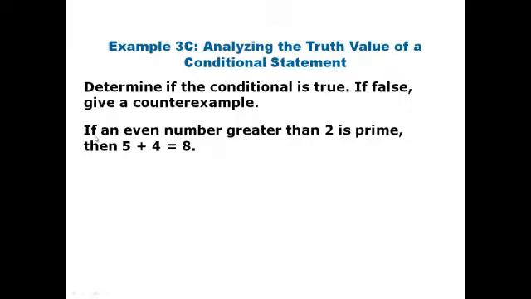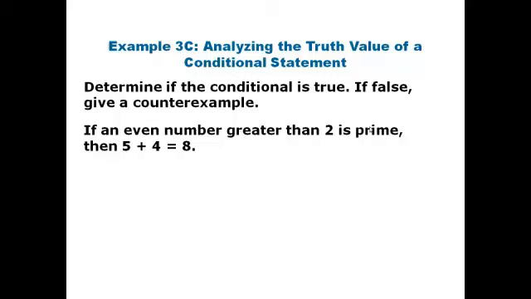Okay, here we have, if an even number greater than 2 is prime, then 5 plus 4 equals 8. Guess what? This is a true conditional statement. Is that crazy or what? Because look at the hypothesis. If an even number greater than 2 is prime, do you know that the only even number that's prime is 2?